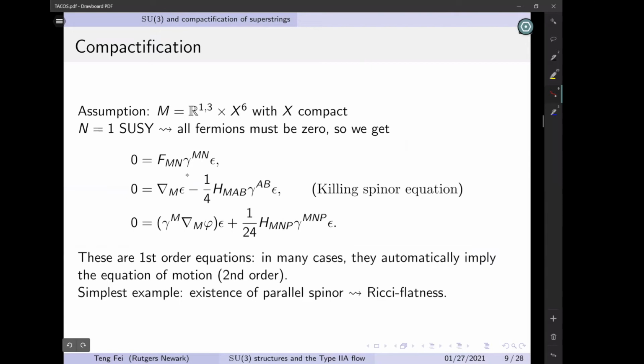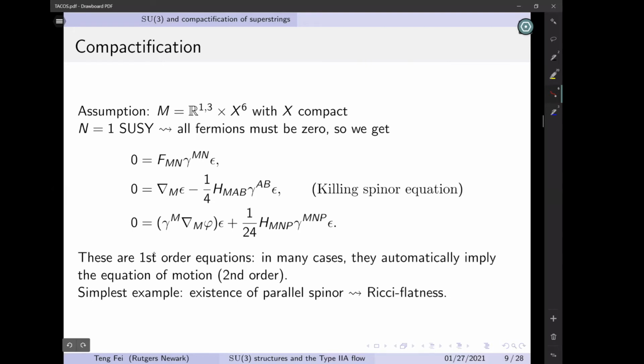This really says that epsilon, this spinor, is parallel under some connection, which is the spin connection twisted by the flux term. So you can say the spinor epsilon is parallel under some twisted connection, or this is a connection with torsion.